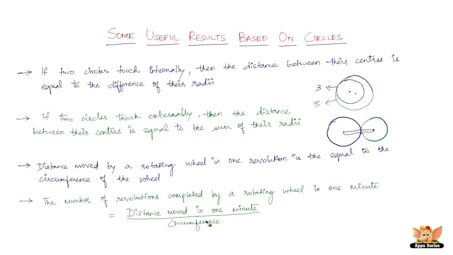So if you need to find out the number of revolutions that your wheel would have made, you just have to find out the distance that you moved in the 1 minute. How much did you drive around? And then know the radius of the wheel, by which you find the circumference, and then substitute in this fraction, and there you have the number of revolutions that your cycle wheel would have completed in 1 minute.